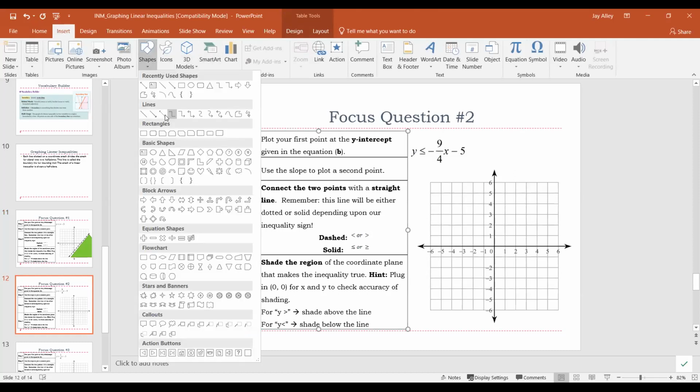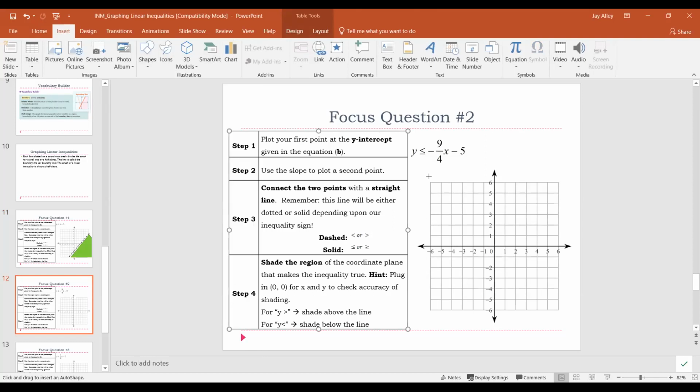Hopefully you recognize, just from the way I'm talking about it, my thought process on this. Before I even draw anything, I'd like to have a grasp of the shape that I'm going to be putting on here. Is it a solid line or dashed line?